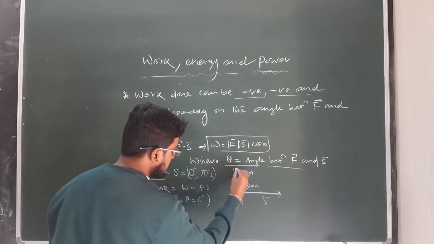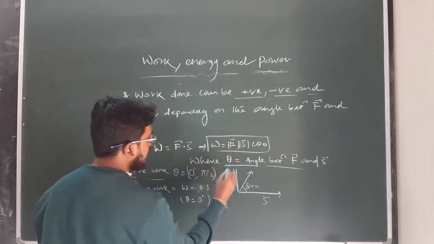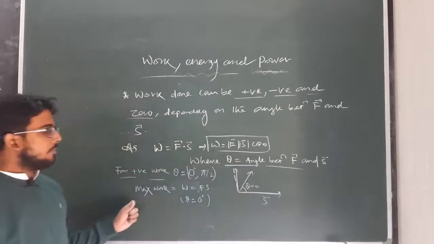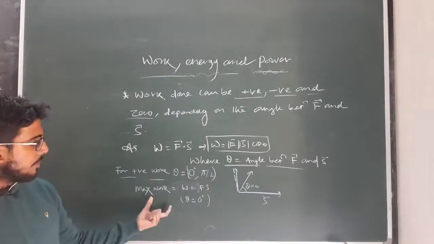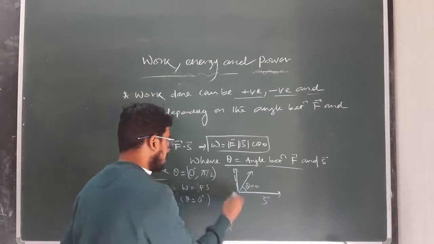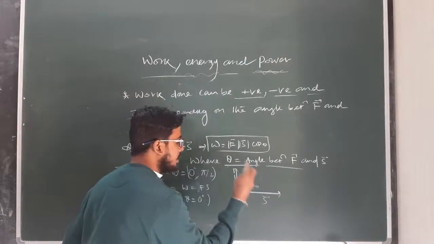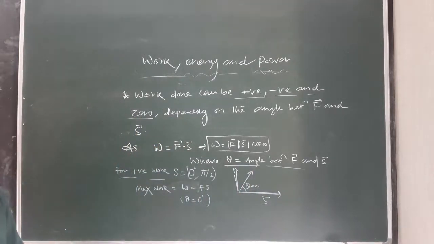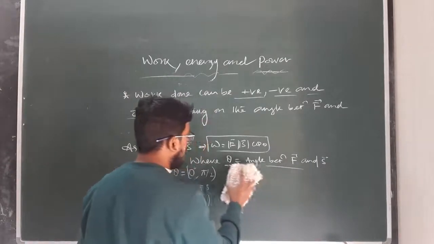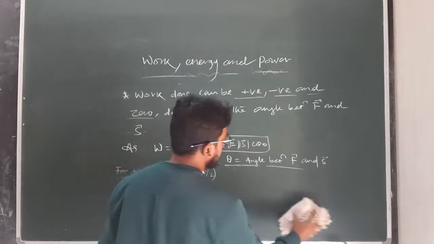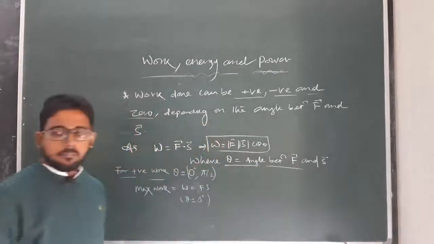So up to this, like 89 degree, the work done will be positive. Clear? And the work done will be maximum when theta is along the direction of displacement. So positive work is done when the body displaces along the direction of applied force.